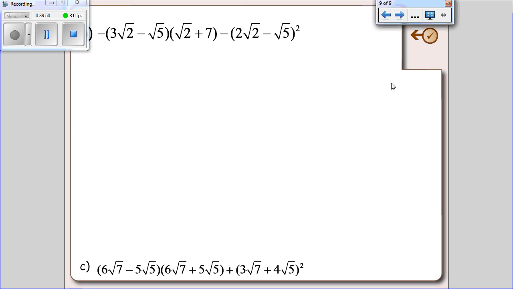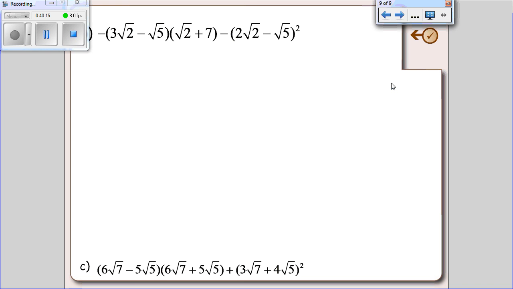The very first thing you do, in my opinion, is you take that negative and you distribute it in. If I don't distribute that negative in, I know I would forget it. It would eventually just drift off and I would lose it. So I'm going to distribute it in.